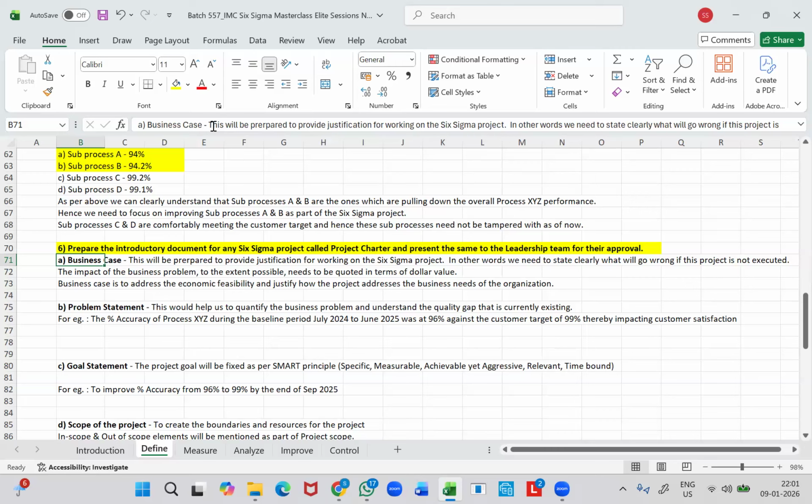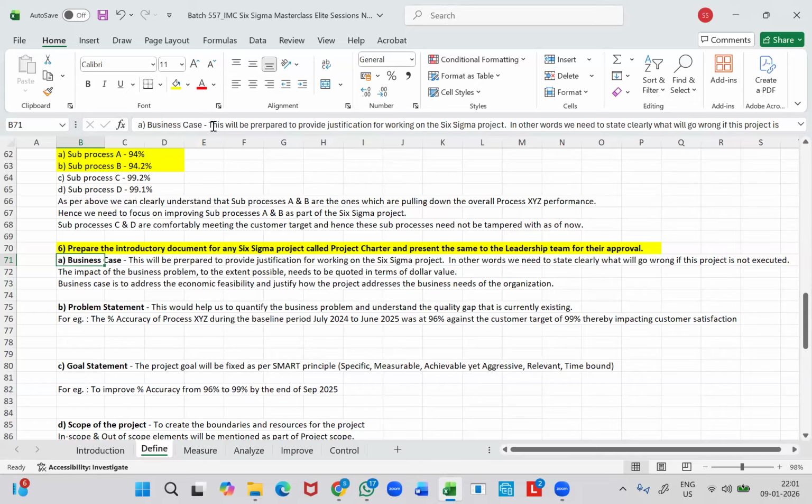If you say 10% is rework, which is the impact of so many errors identified in the process, the leadership may not be able to appreciate the 10% rework. But if you extend this further and say this 10% rework would result in so many dollars with regard to cost of poor quality, then the leadership will be able to clearly appreciate the magnitude of the business problem.